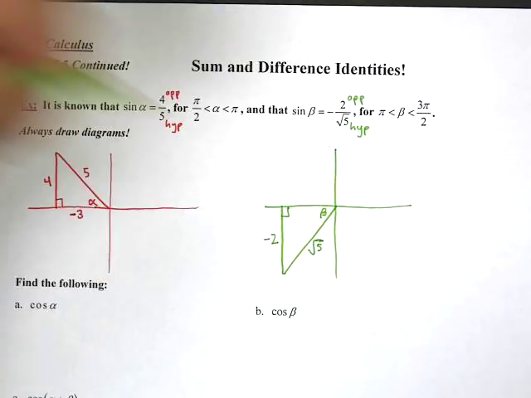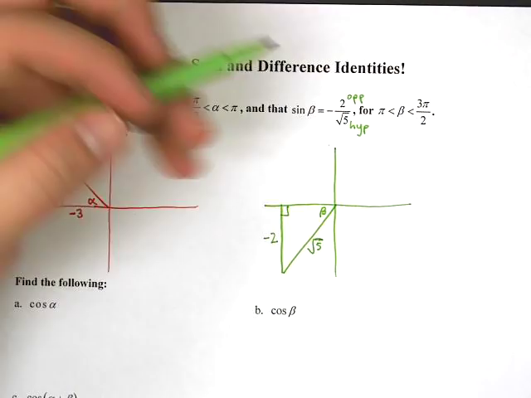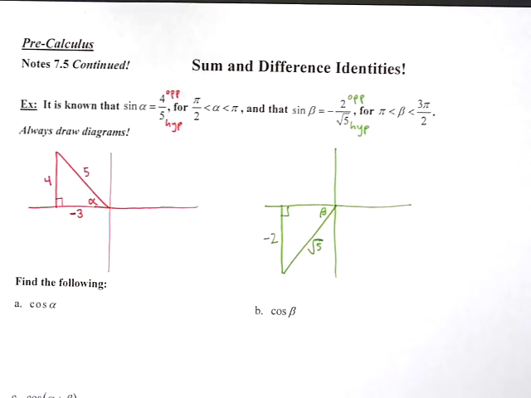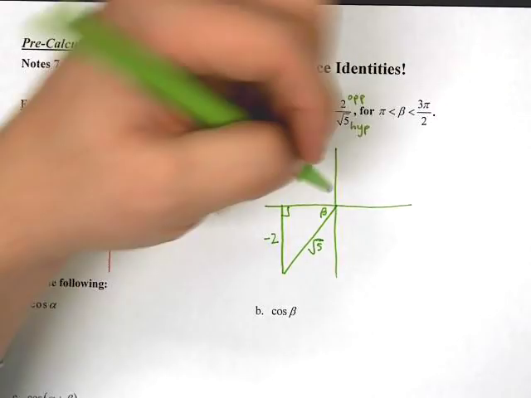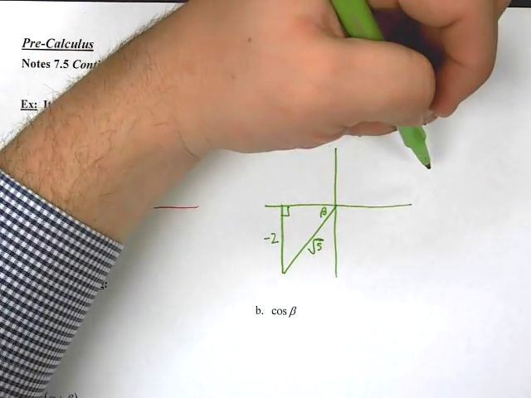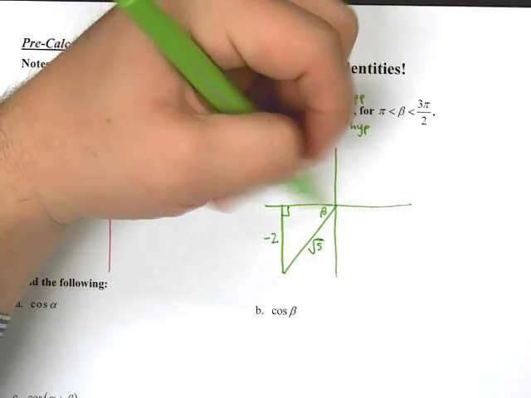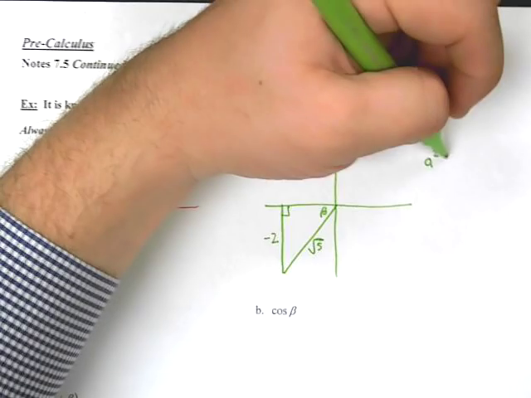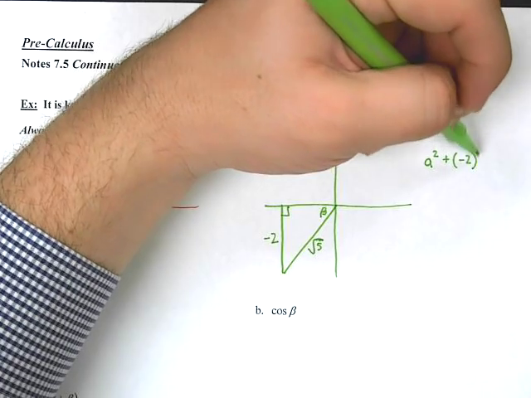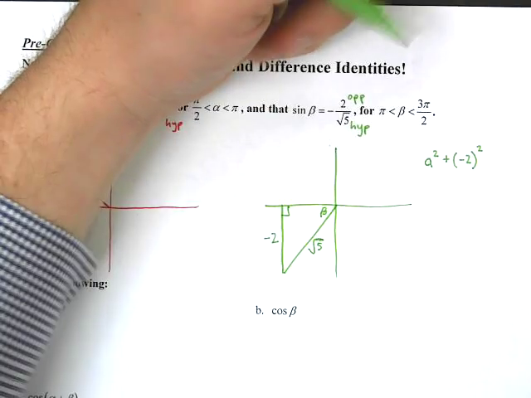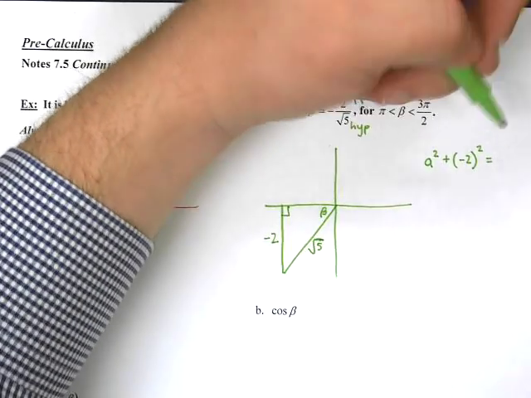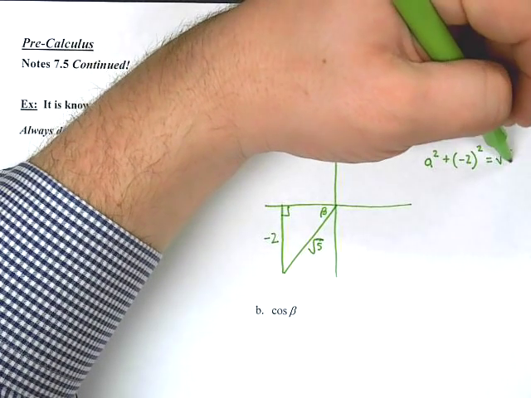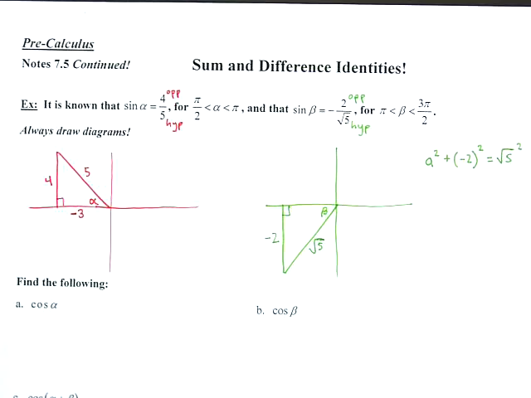My opposite side must be -2. Now in this situation, I do not know the Pythagorean triple that's going to get me this missing side, so I'm going to solve for it. It's a leg, so maybe I'll call it A. Then my other leg is -2. Both of those together, when we take the sum of the squares, must equal c squared, or square root 5 squared.